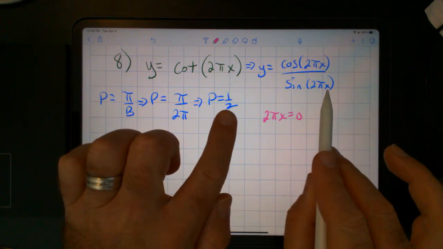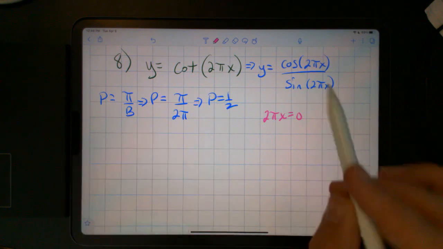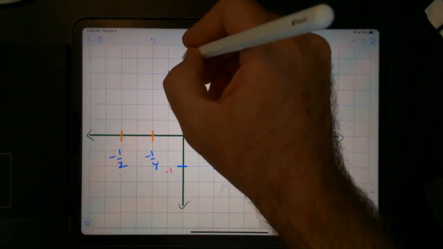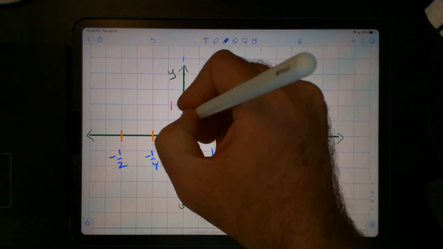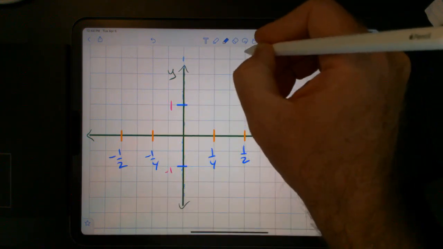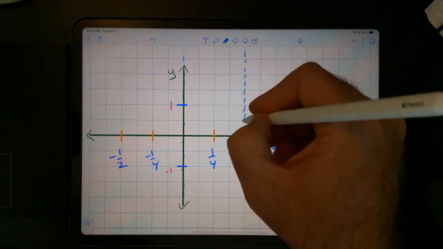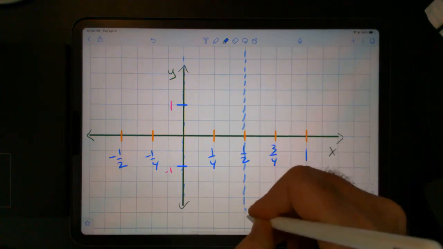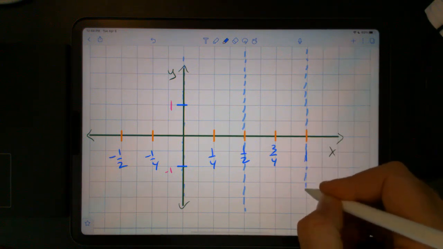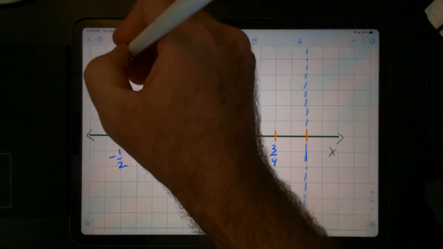And every half unit away from that, we have an asymptote. So that's an asymptote, even though it doesn't look like it. And our period is 1/2, so it's going to repeat every half unit. There's an asymptote, and there's an asymptote. And here.